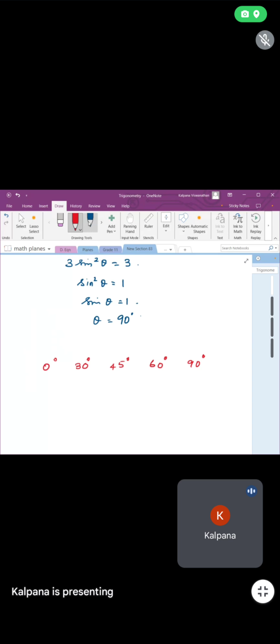So on top you write 0, 1, 2, 3, 4. Divide each number by 4 and take the square root.